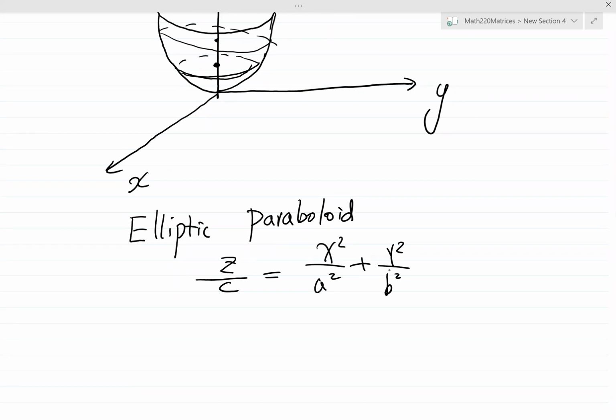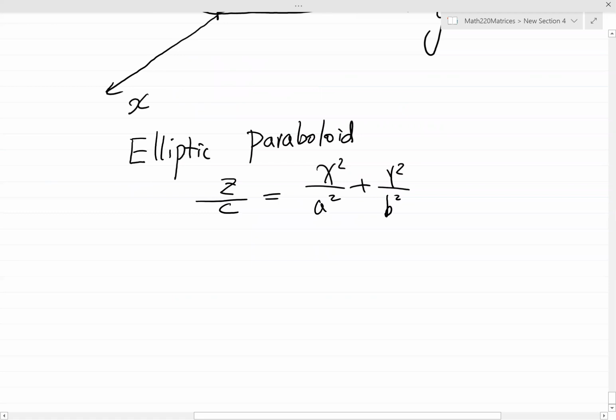This is why we call it an elliptic paraboloid. And if you let x be 0, you get y squared over b squared equals z over c, which is a parabola.